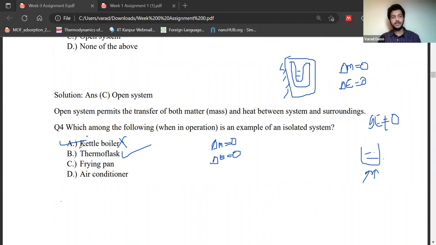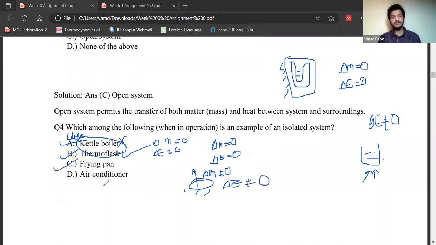Kettle will be delta M equal to 0, delta E not equal to 0, so kettle will be a closed system. This is the isolated system. Frying pan: both delta M not equal to 0, delta E not equal to 0, so this is an example of an open system.